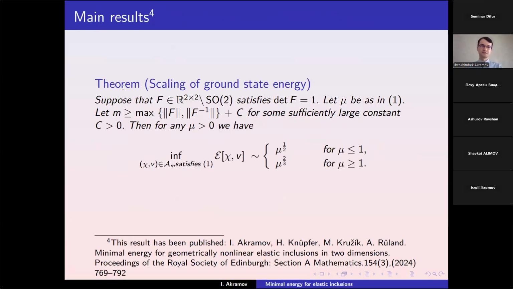Okay, then let's take first our result. This is a theorem on scaling of the ground state energy. Suppose that F is from this space, which satisfies determinant F equals 1, and mu be as in 1, which means mu is equal to the volume of chi.